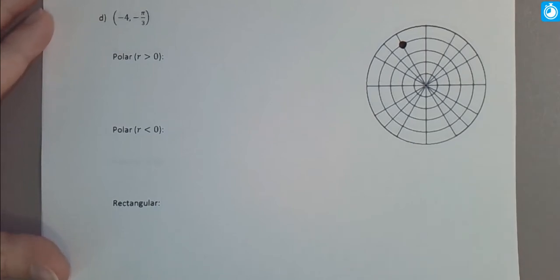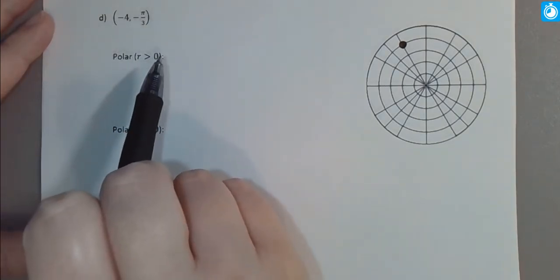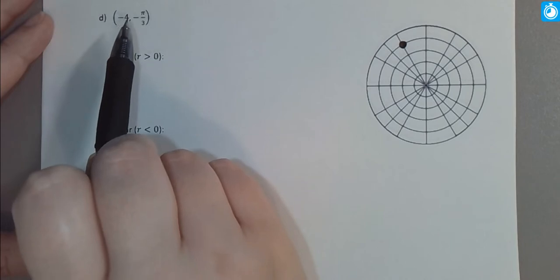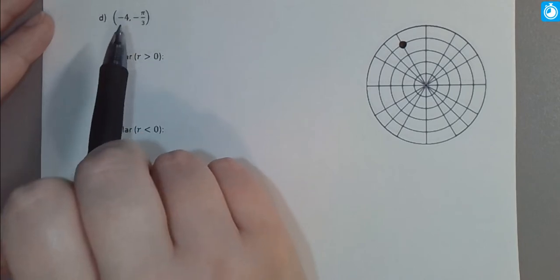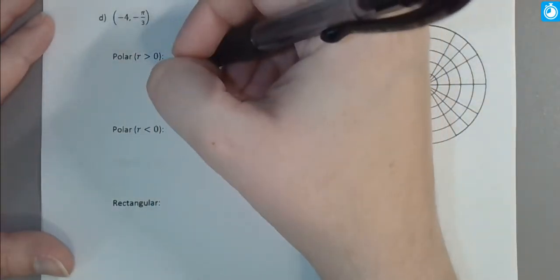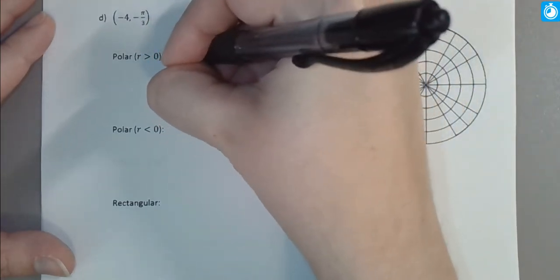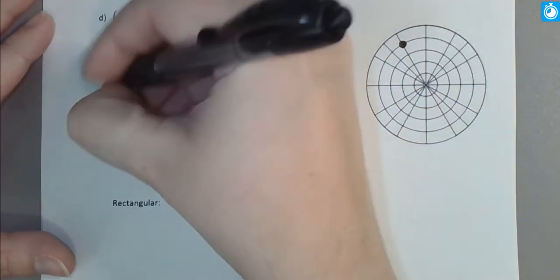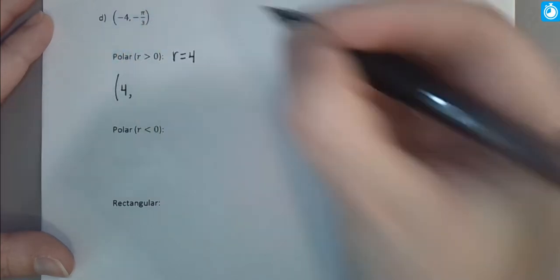Okay, so let's find some additional polar representations. So what if r was greater than 0? Well, in order to end up on the 4th ring, r either has to be -4 or +4. So in this case, r would have to be +4. What would theta have to be in this case?